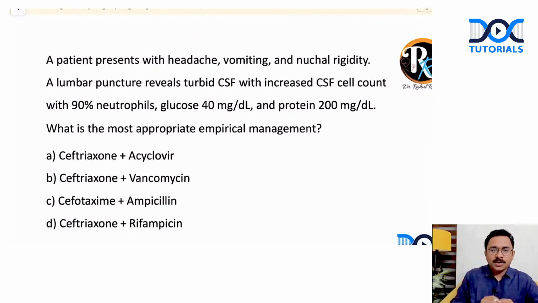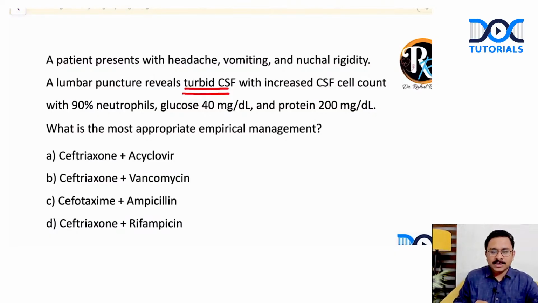Coming to the next question. Again, very important topic is that of meningitis. So remember, for FMG exams, bacterial meningitis, tubercular meningitis, viral meningitis, all are important topics. So here, patient presents with headache, vomiting, and also neck stiffness. The CSF is showing a turbid CSF. So what have I told you? Turbid CSF is more suggestive of what type of meningitis?